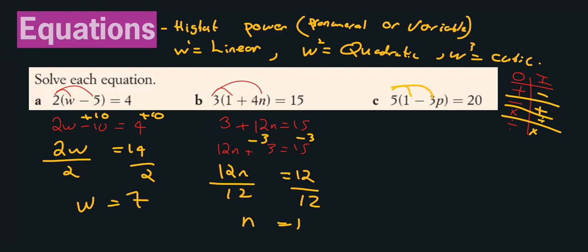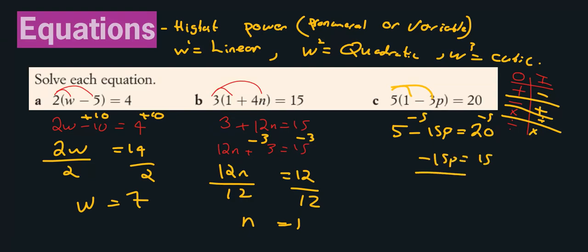We apply the distributive property, so we get 5 minus 15p is equal to 20. Yikes, didn't want that. We need to subtract 5 from both sides to get negative 15p is equal to 15.